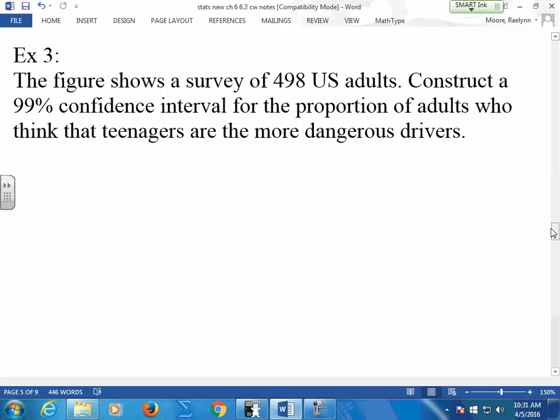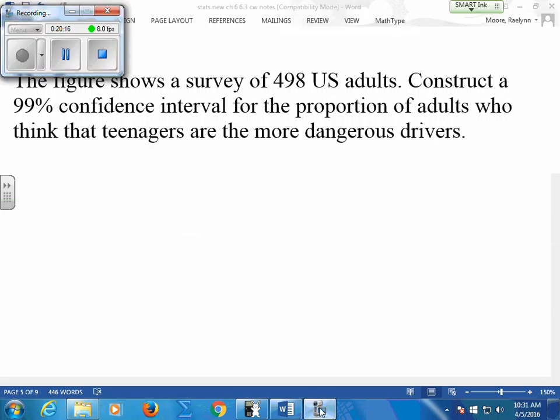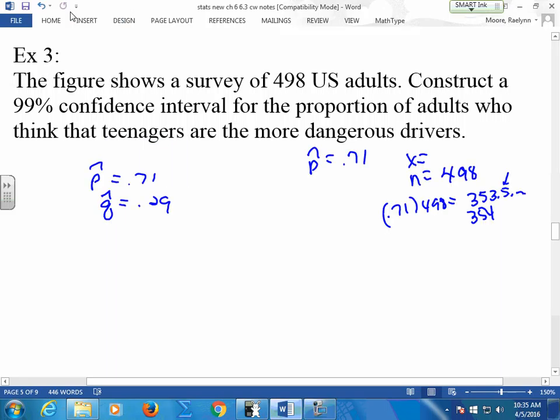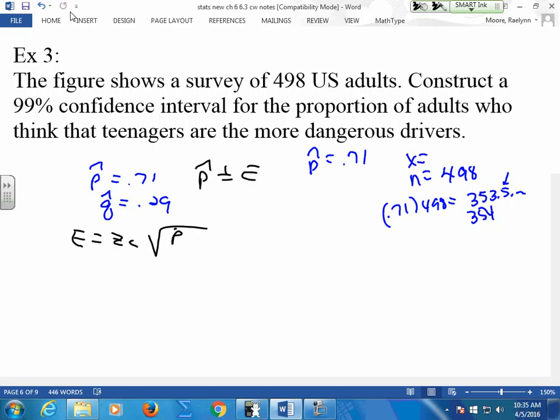All right, everybody try example 3. Let's use your calculator and let's use your formulas. All right, so we need an E. We know our N, we know everything else. So E. So what is the ZC associated with the 0.99? 2.58, 2.575.